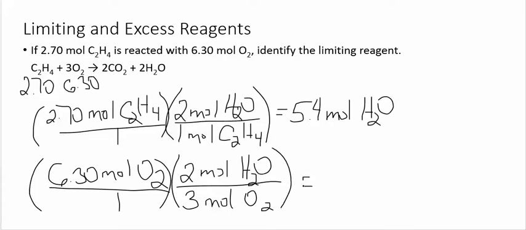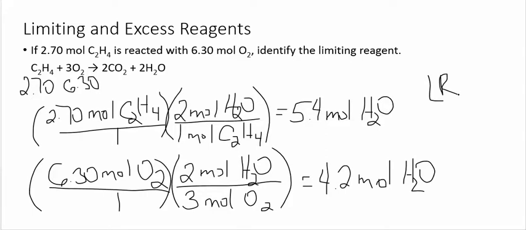So 6.3 moles of oxygen would produce 4.2 moles of water. So it doesn't matter which product we solve for as long as I solve for the same product. My limiting reagent is the one that produces the least amount of product. So my limiting reagent is oxygen, that will get used up completely in this reaction.